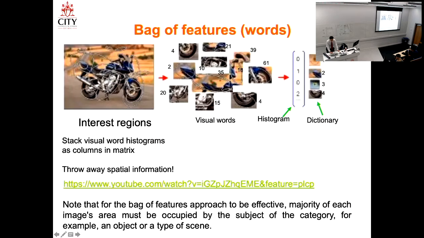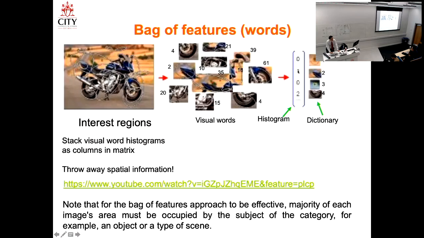This is another example. This is very visual. You don't get features like that in reality. But let's assume I have this bike and I have these features. So I can, again, convert them into a dictionary of features. Here, I'm not using any spatial information. I don't care where I see this tire. As long as I see it, or, I don't know, the engine, as long as I see it, I say it's a match.